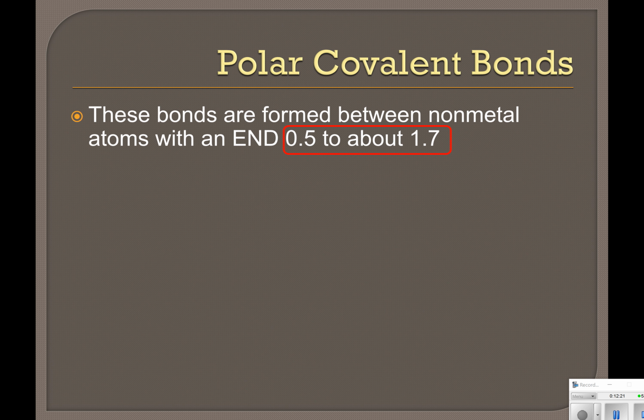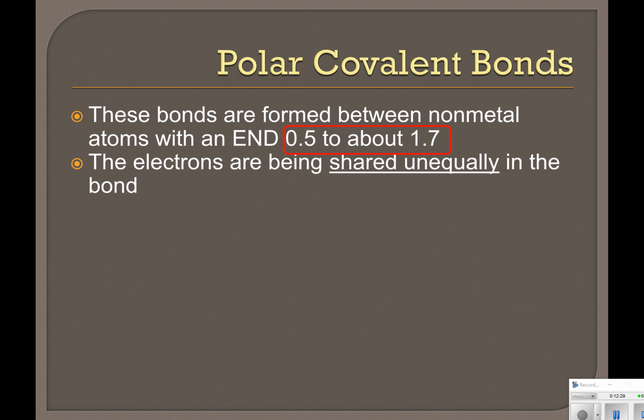Now, polar covalent bonds are going to be bonds that are formed between, again, nonmetal atoms, but they're going to have an electronegativity difference from 0.5 to about 1.7. And we'll include 1.7 for the sake of argument. Anything above 1.7 is going to be ionic. But in this case, electrons are being shared unequally in the bond.